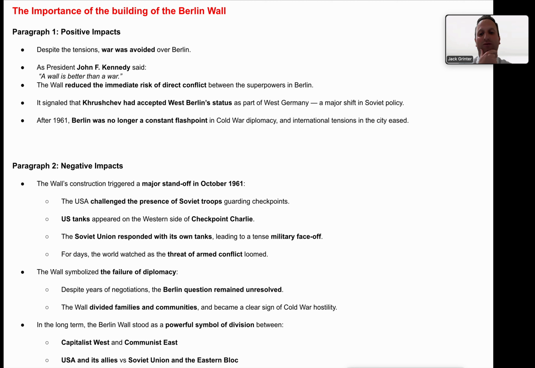They couldn't come together on it. There's the impact on the families and communities as well. But again, it's another thing that symbolises the difference and the division between East and West. And it remains in place for a long time, doesn't it? It comes down in 1989. 1961 to 1989, it's a long period of time.